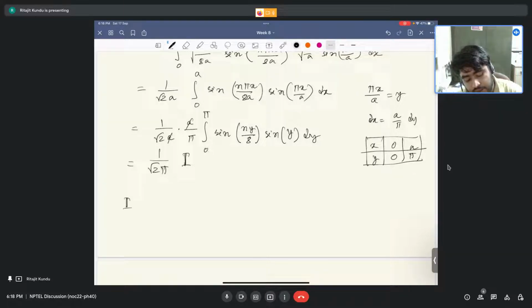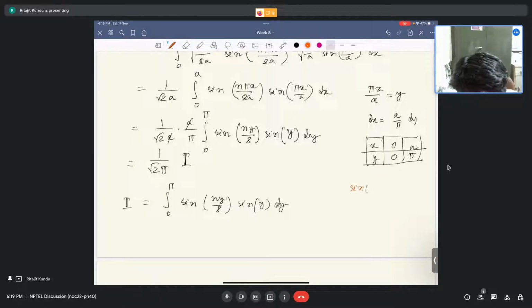So now let's focus on this I. Here we can use the trigonometric identity: sine a times sine b is given by cosine of (a minus b) minus cosine of (a plus b), divided by 2.